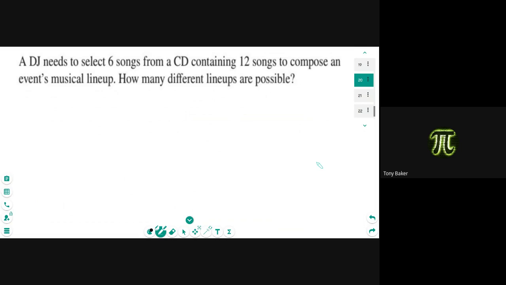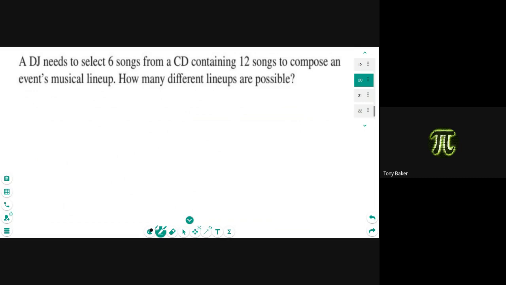Problems. I need to select 6 songs from a CD containing 12 songs to compose a musical lineup. How many different ways can I do it? So the question you have to ask yourself first is, does order matter? Well, first of all, can the songs repeat?